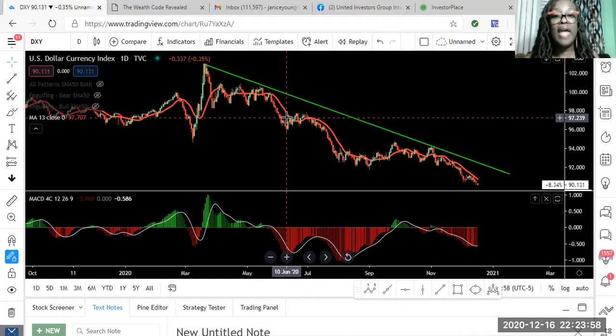Now, like I said, we have the benefit of buying and selling simultaneously as a trader. So though we know that the dollar overall is weakening, and that's simply because of all of the things that's going on in the world and in our country in particular, that's weakening the dollar, right? The vaccine, there's a lot of uncertainty about this vaccine that weakens the dollar.